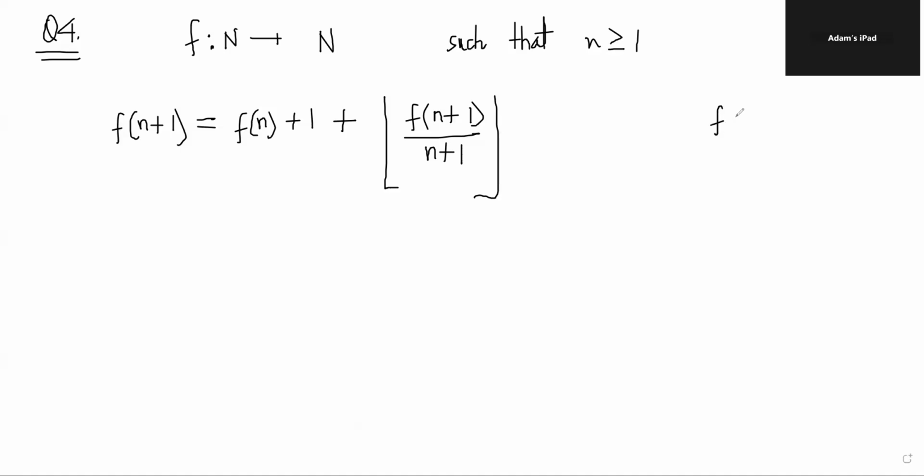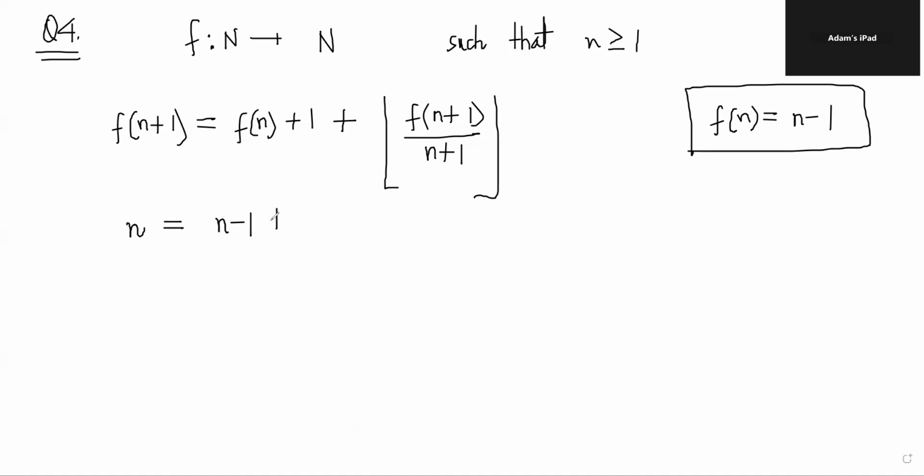So I tried f of n is equal to n minus 1, and that immediately works. You can see when you do n plus 1, what happens? n is equal to n minus 1 plus 1 plus n by n plus 1.